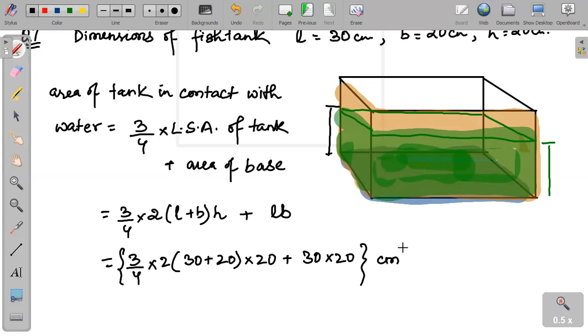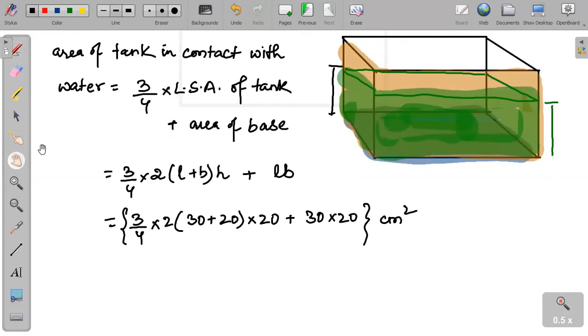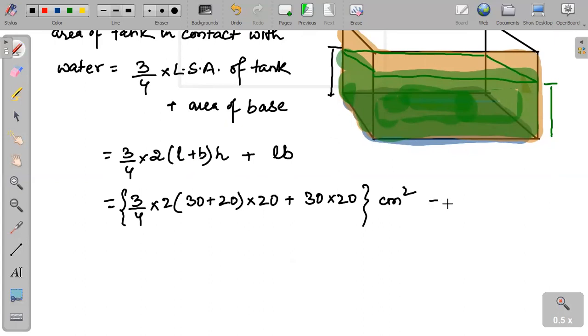Centimeter square, and we can solve it very quickly. It is going to be 4 5s are 20 and 5 2s are 10. 10 into 3 is 30. 30 into 50 is 1500 plus 600, that is 2100 centimeter square. This much area will be in contact with water.